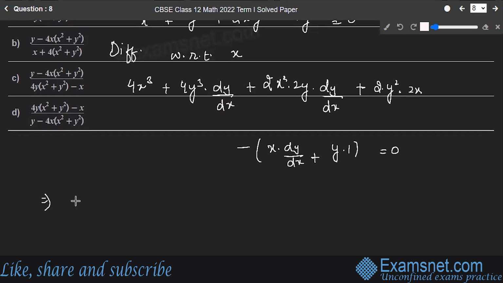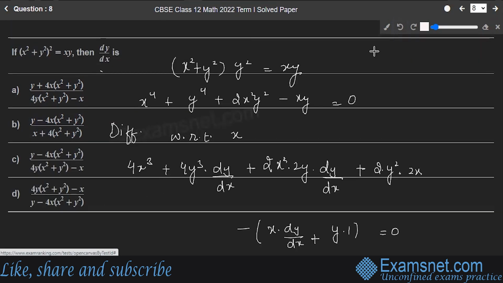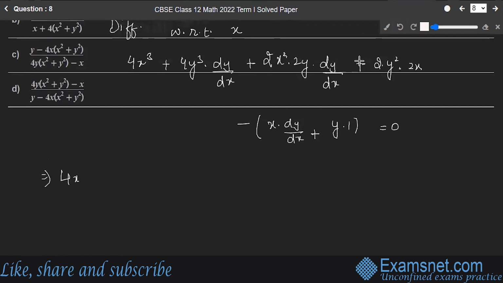So next, let's open up the brackets. This will be 4x cube plus 2. Okay, wait, this is 2x square. Actually, this is 4. Wait. Okay, so this is 4x cube plus 4x y square, right, plus minus y.